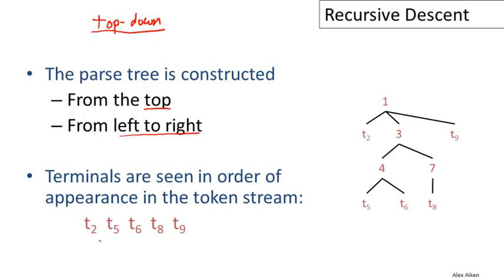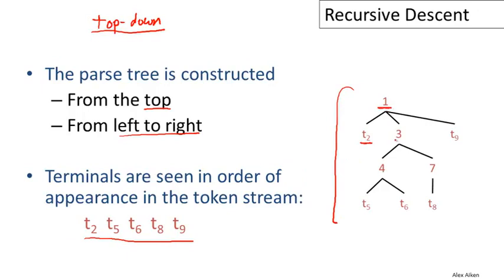So for example, if I have this token stream here, this is a hypothetical parse tree that I could construct, and the numbers here correspond to the order in which the nodes of this parse tree are constructed. So we have to begin at the root. That's the first thing that happens. And then if T2 belongs here in the parse tree, that'll be the next thing that happens.